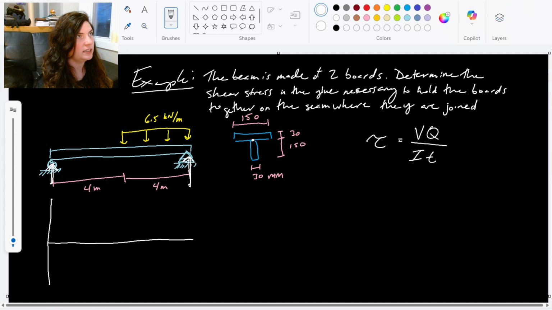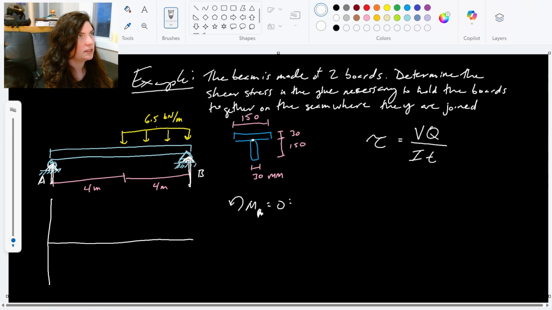I'll need to find each of these, and I'll do that just using my statics. Let's take a moment about the roller. If I take a moment about the roller, then I can find this value here. I'll call this B, call this A.